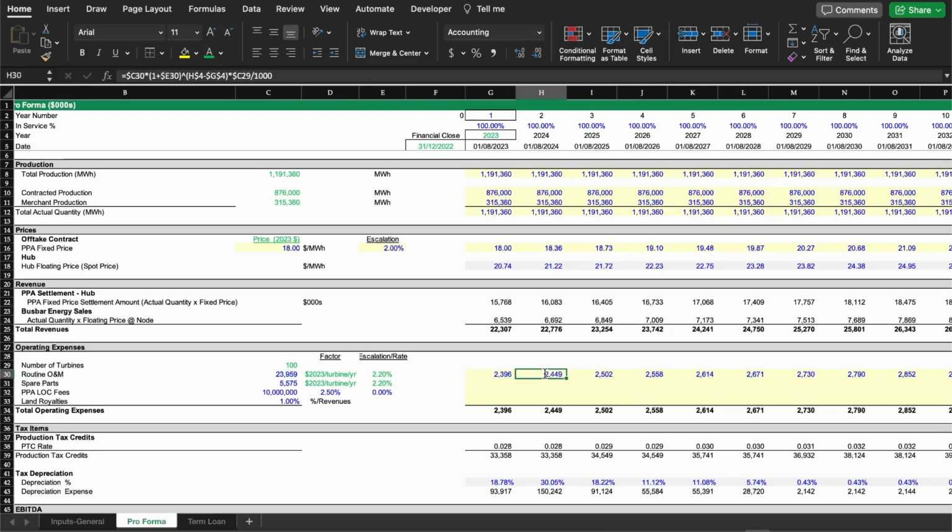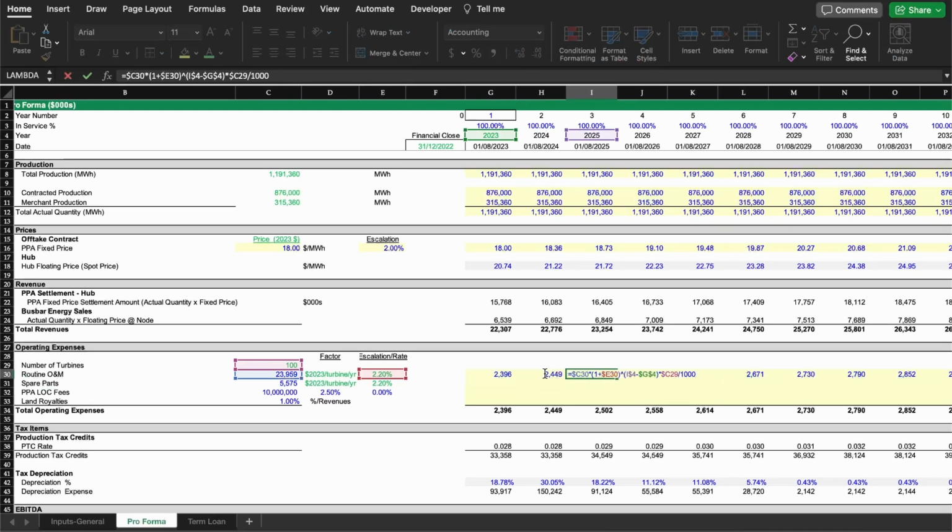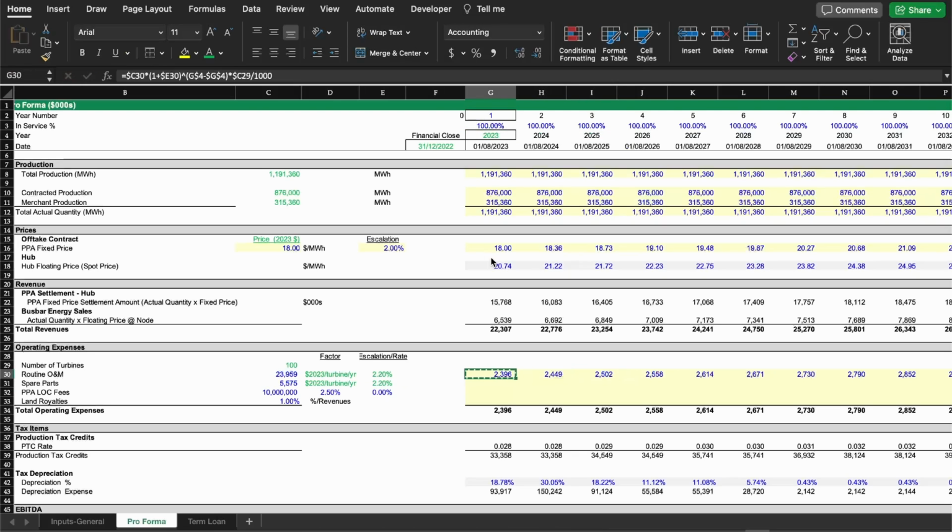So I'm just gonna double check everything's correct. Yeah, so we have here the escalation. We are using the right difference between the years, so everything is fine here. So basically now, because I have the same units and the same escalation and the price in the same positions in here, everything should be fine except for this number here.